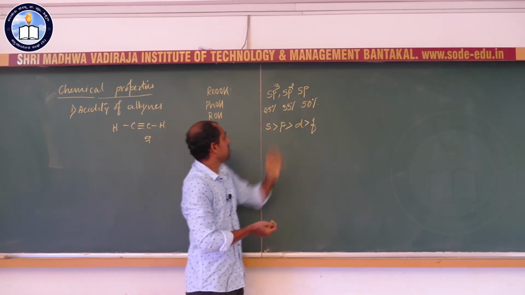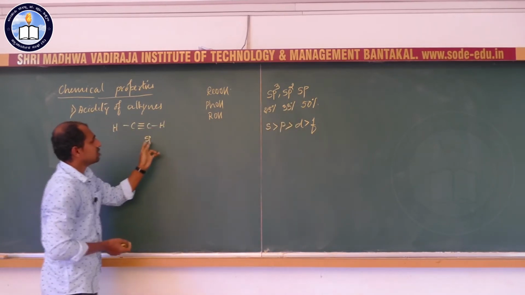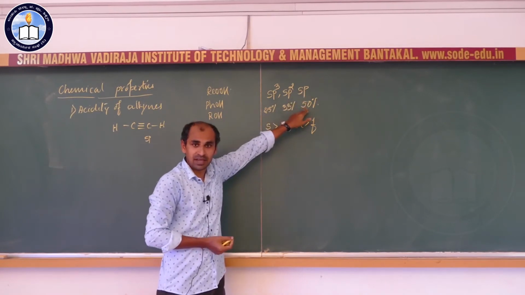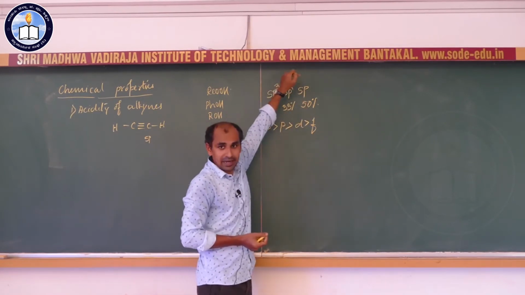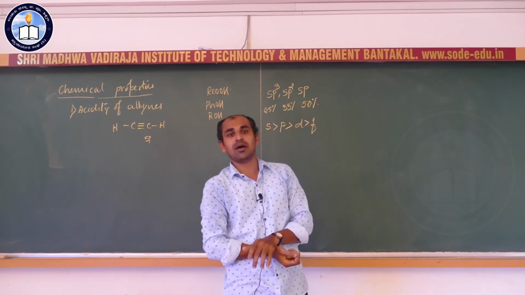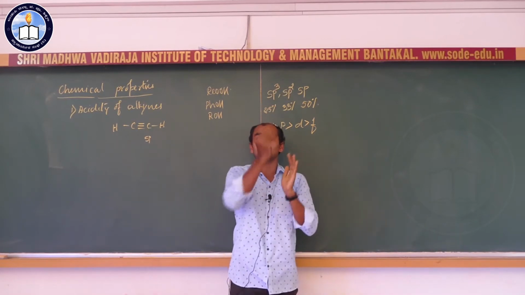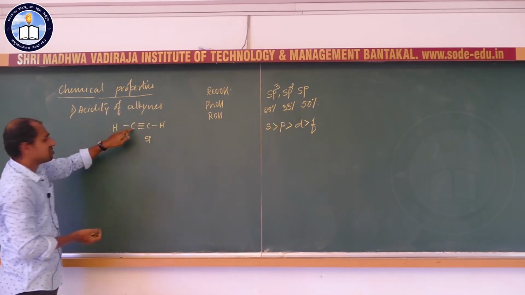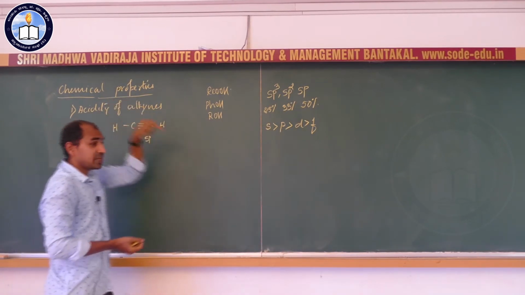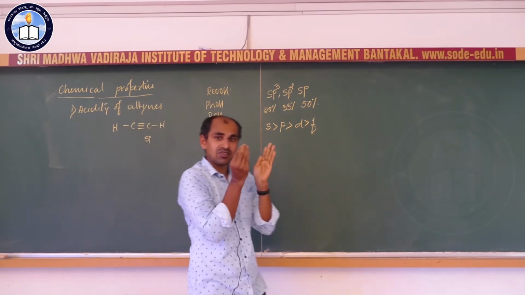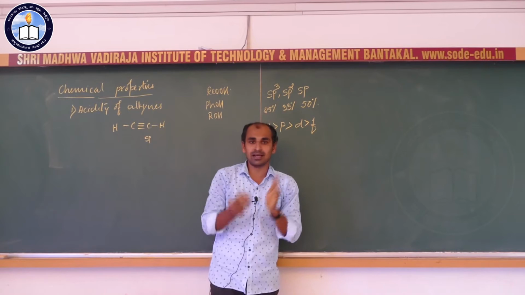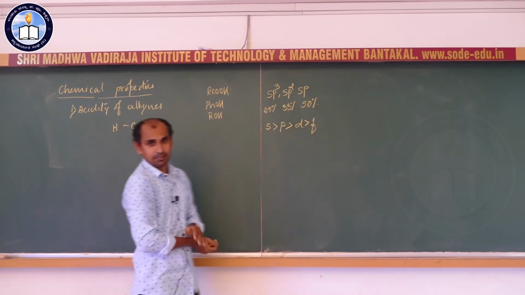So, in the case of alkynes, it involves sp hybridization. So, s character is maximum. So, the electron present in sp hybrid orbital is closer to the nucleus. Nucleus means here the atom is carbon. So, the sp hybridized orbital is closer to the carbon atom. The electron present in the orbital is closer to the carbon atom.